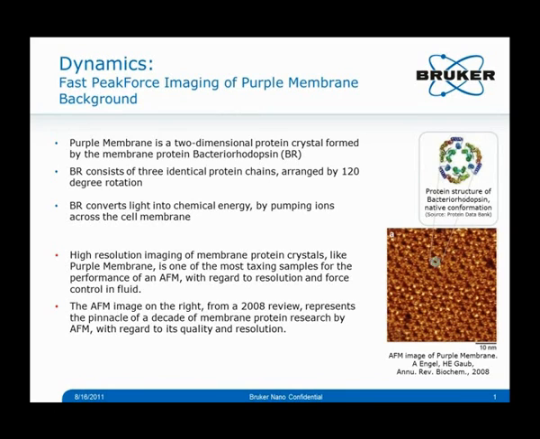The AFM image on the right, from a 2008 review by Andreas Engel and Hermann Gaub, represents the pinnacle of a decade of membrane protein research by AFM with regard to its quality and resolution. So this is a pretty good baseline when judging further data taken on the sample.